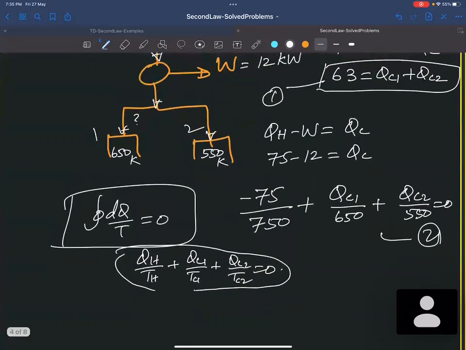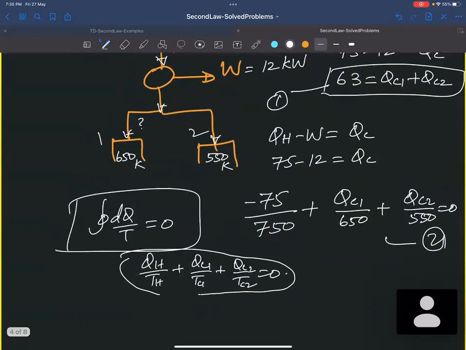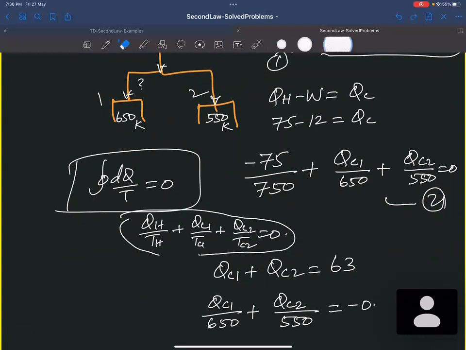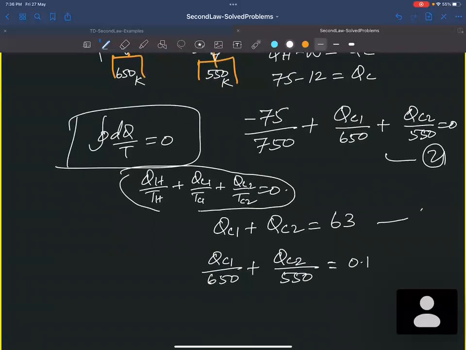We'll write this again: QC1 plus QC2 equal to 63, and QC1 by 650 plus QC2 by 550 equal to 0.1. So these two equations you have to solve.